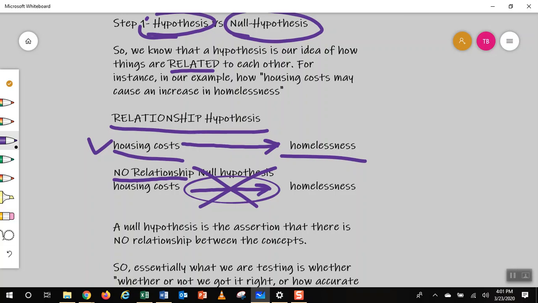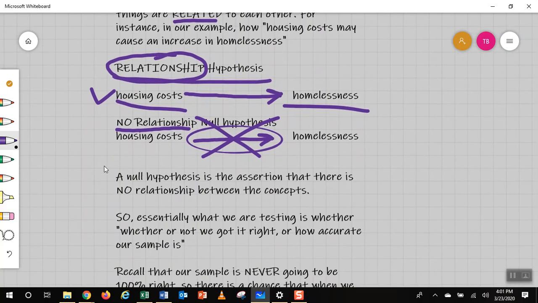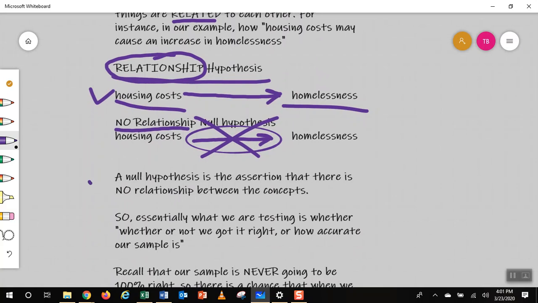So it's all about the relationship. A null hypothesis is an assertion that there's no relationship between the concepts.